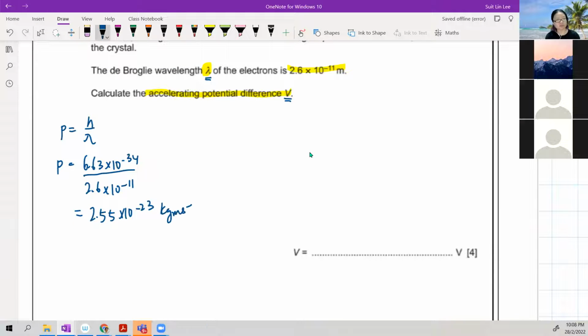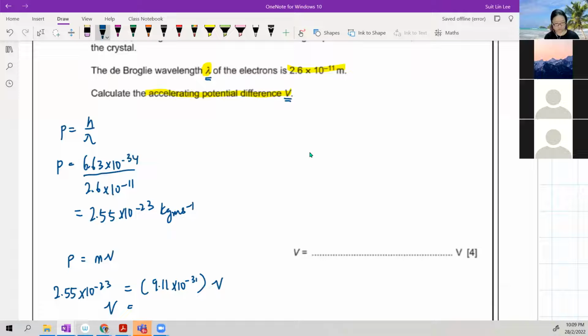speed of the electron. p is equal to mv. So 2.55 times 10 to the power negative 23. Mass is 9.11 times 10 to the power negative 31. Electron, right, times v. So you can find v now.